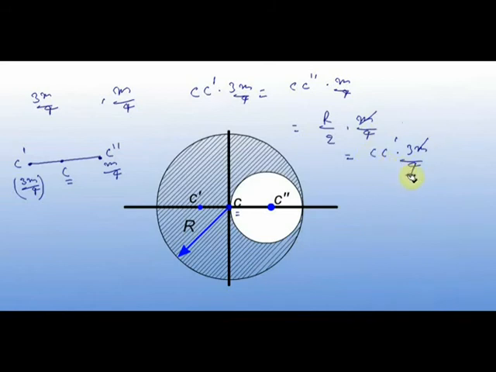So here we can cancel out m and we can cancel out 4. So C dash is r by 6. So this length is r by 6. So the center of mass of the shaded region would be at a distance r by 6 from the center of the circular disk.